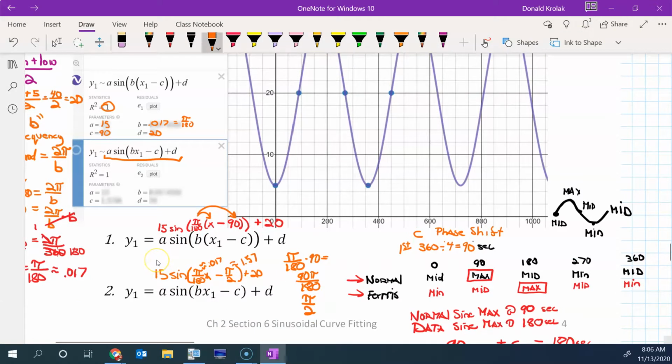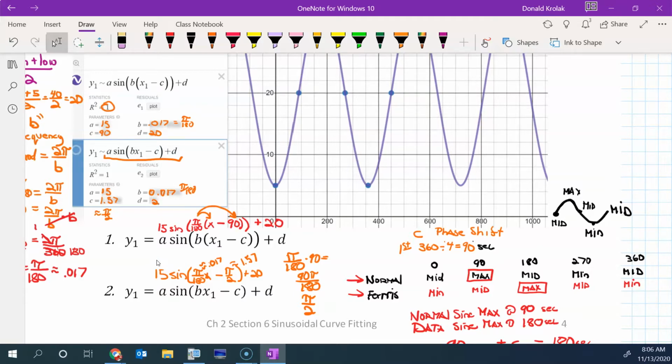Okay, so then this guy was 15. This now was 1.57, which is pi over 2. B was 0.017, which was pi over 180.